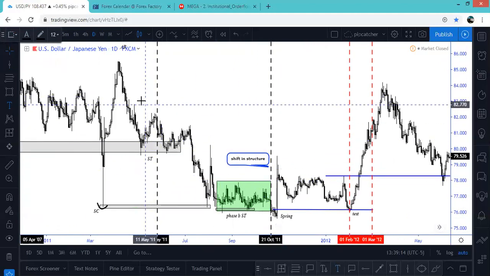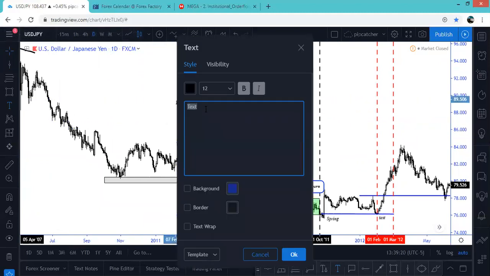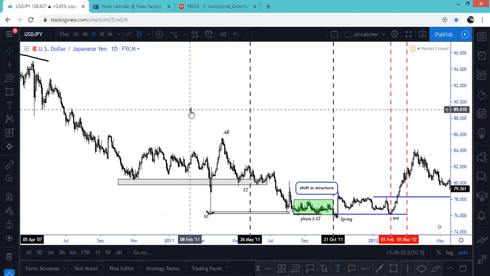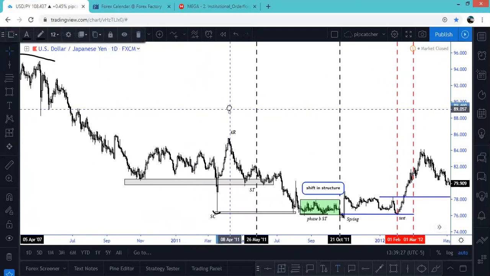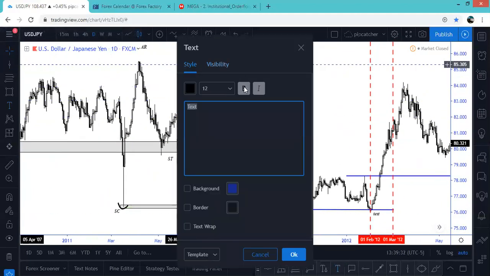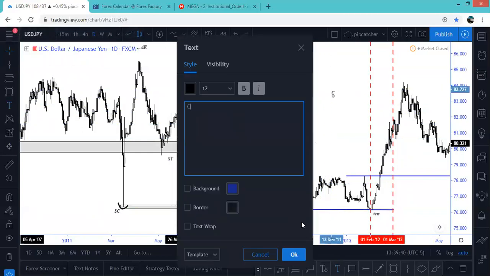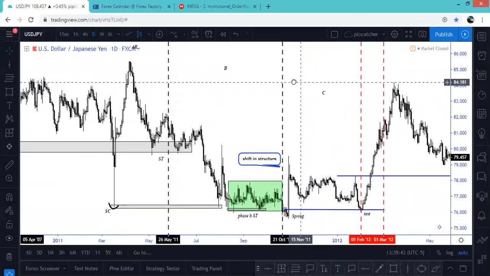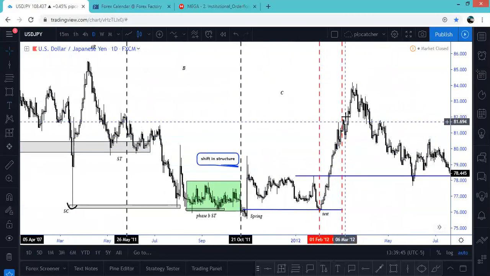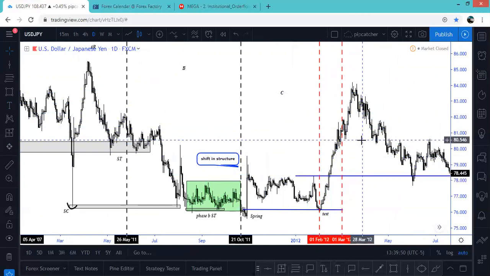So remember, this is phase A, phase A, phase B, this is phase C. Now remember, this whole monthly area, this is that monthly candle, right?